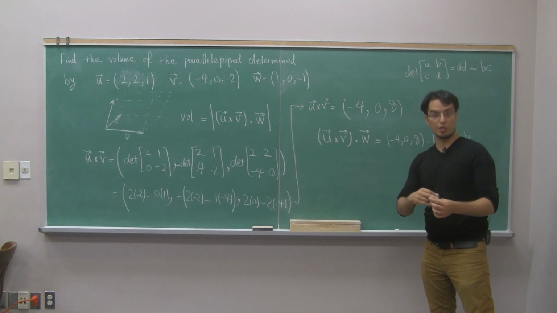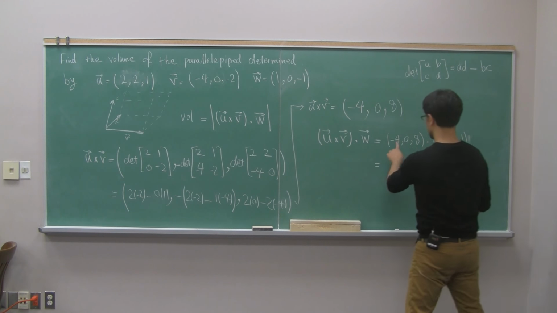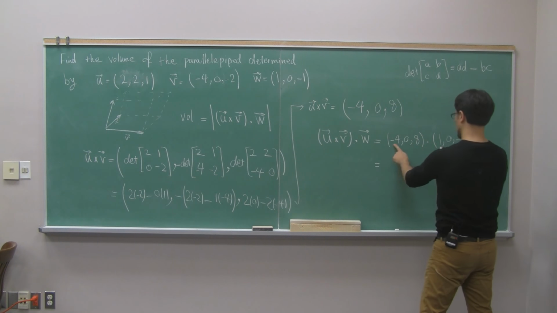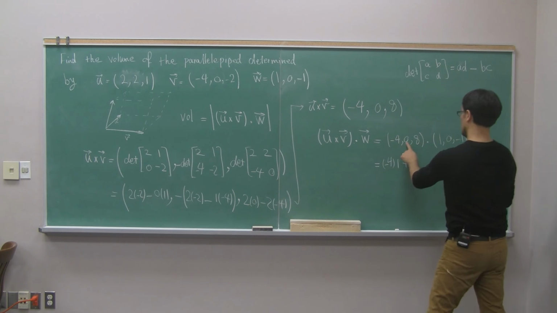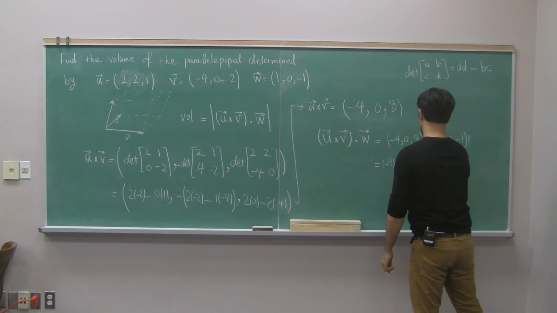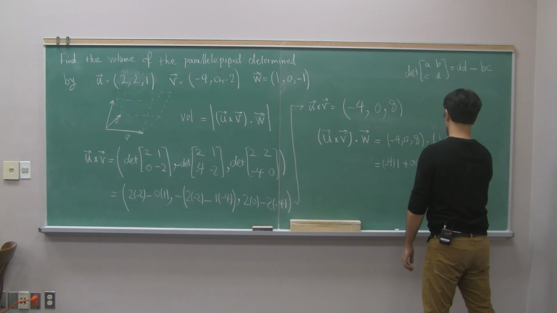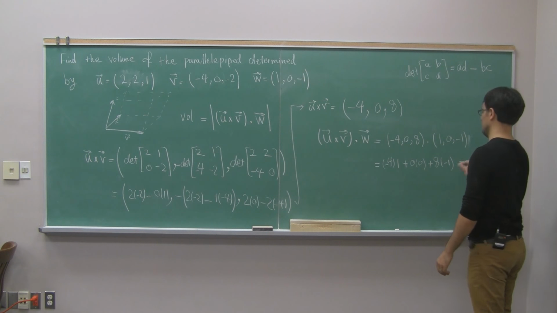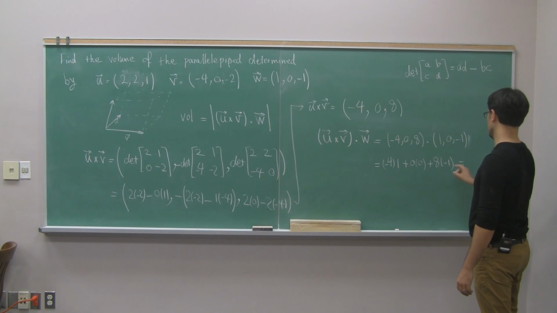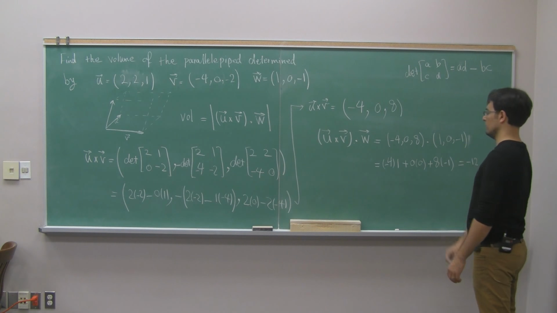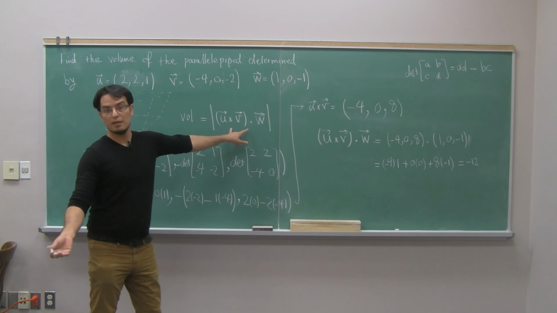You multiply corresponding components and add them. In this case, I multiply negative 4 by 1, add 0 times 0, multiply the third components, and add them. Here I have negative 4 plus 0, minus 8. I get negative 12. Well, the second step is done.